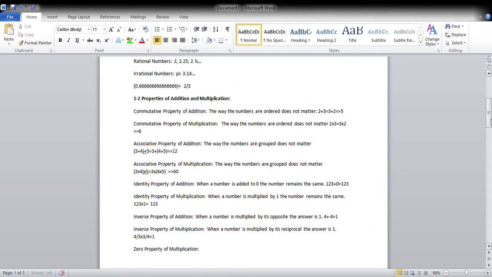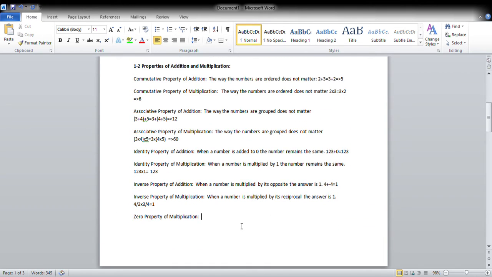Now, the 0 property of multiplication states when a number is multiplied by 0, the answer is 0. So 1,234 times 0 equals 0.